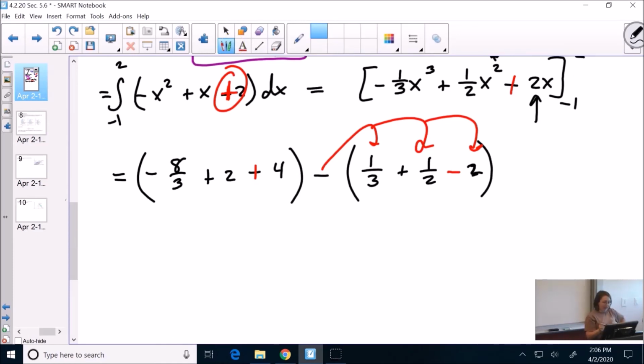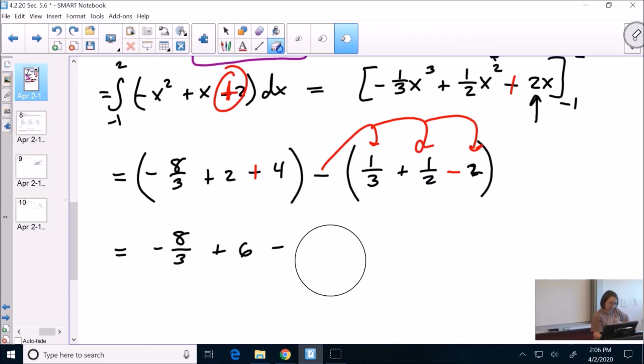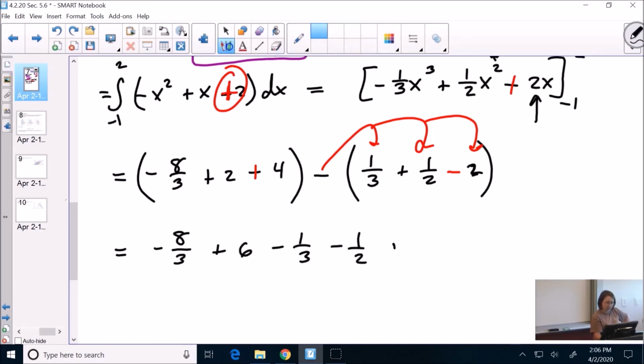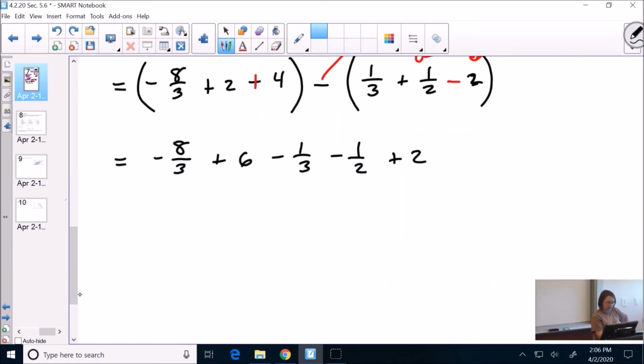Alright, then I fix my signs. So if I plug in 2, I get 4. If I plug in 1, I get 8. Alright, so let's figure out what this is. So negative 8 over 3 plus 6 minus 1/3 minus 1 half plus 2. These two I can put together.